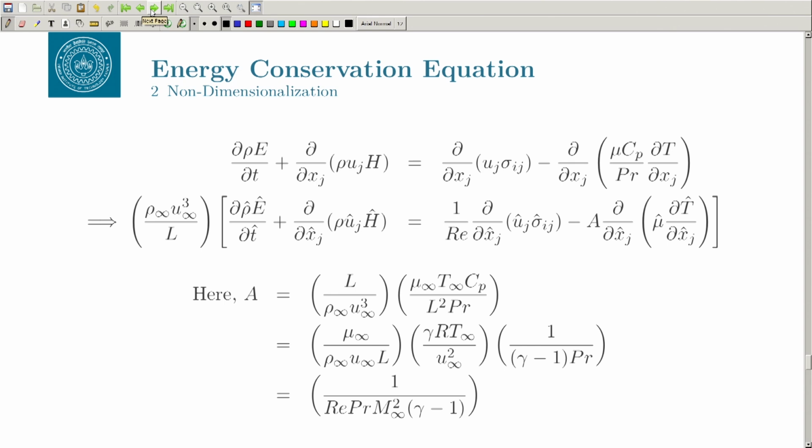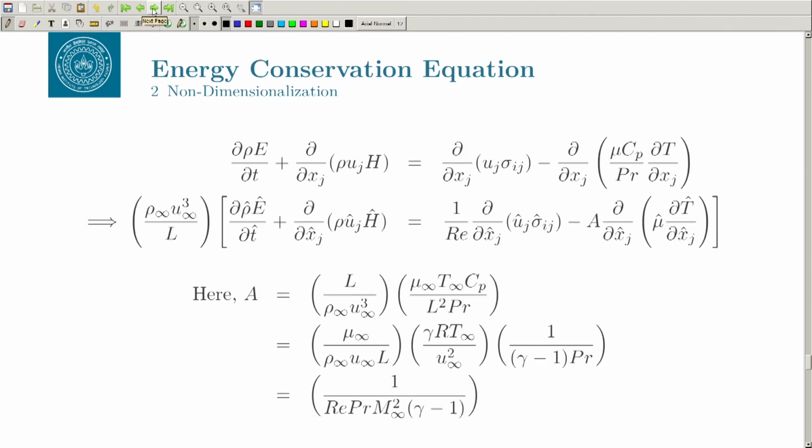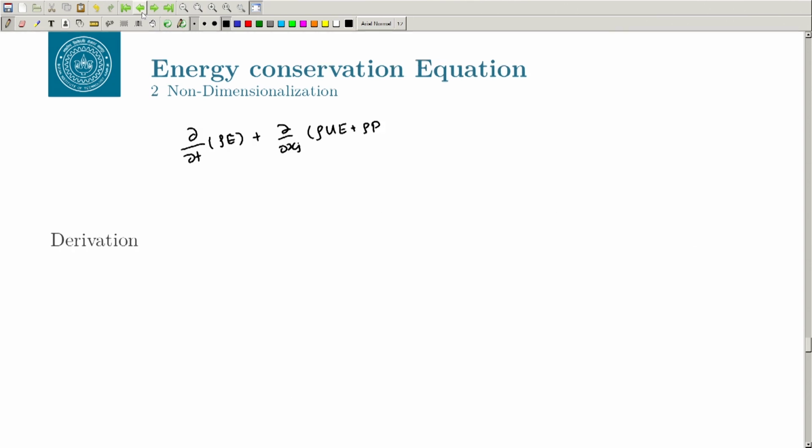Let me just do it: del by del t of rho E plus del by del x_j of rho u_j h, or you can write it as u_j (rho E plus P), plus... E plus P by rho gives you the enthalpy.